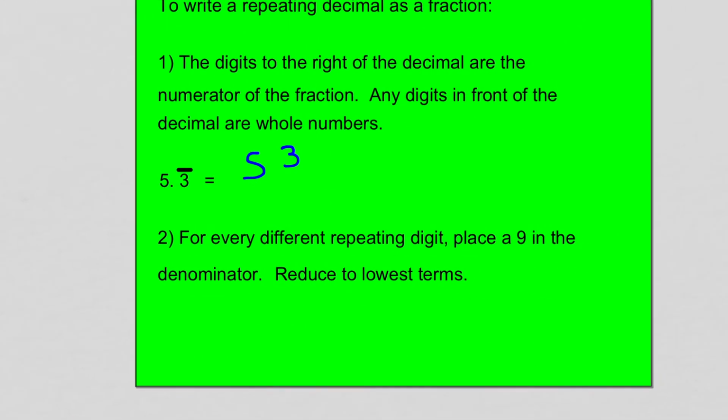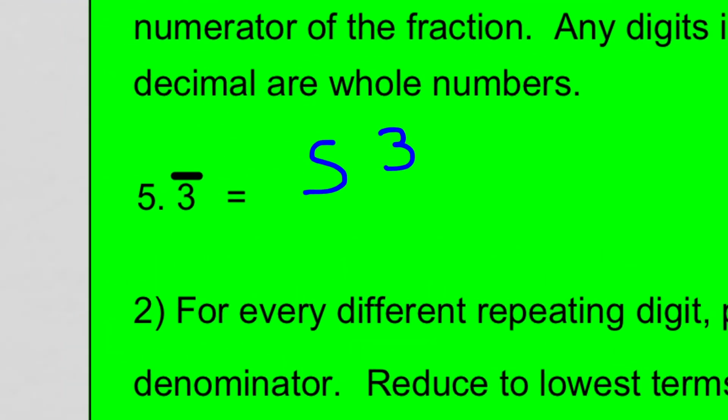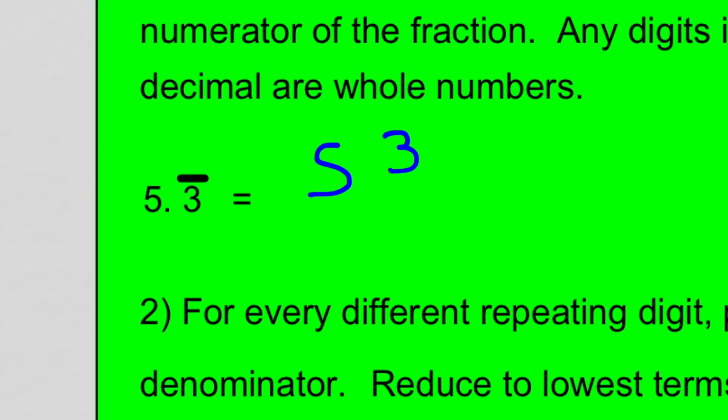Now, here's what's different. For every different repeating digit, place a 9 in the denominator. So in this case, since I have 5 and 3 repeating, this 3 is repeating over and over again because it's got that bar on top, I'm going to place one single 9 in the denominator.